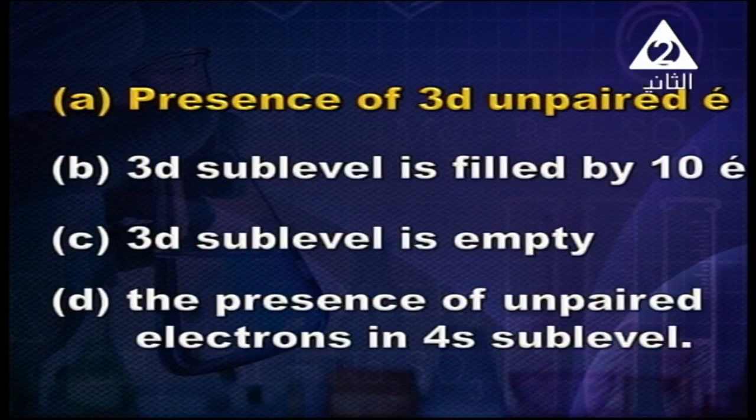Remember, my dear students, the unpaired electrons make the property of the element in the color. It will be colored and also paramagnetic. Without finding unpaired electrons, if all the electrons are paired or the d sublevel is empty, it will be colorless and diamagnetic.